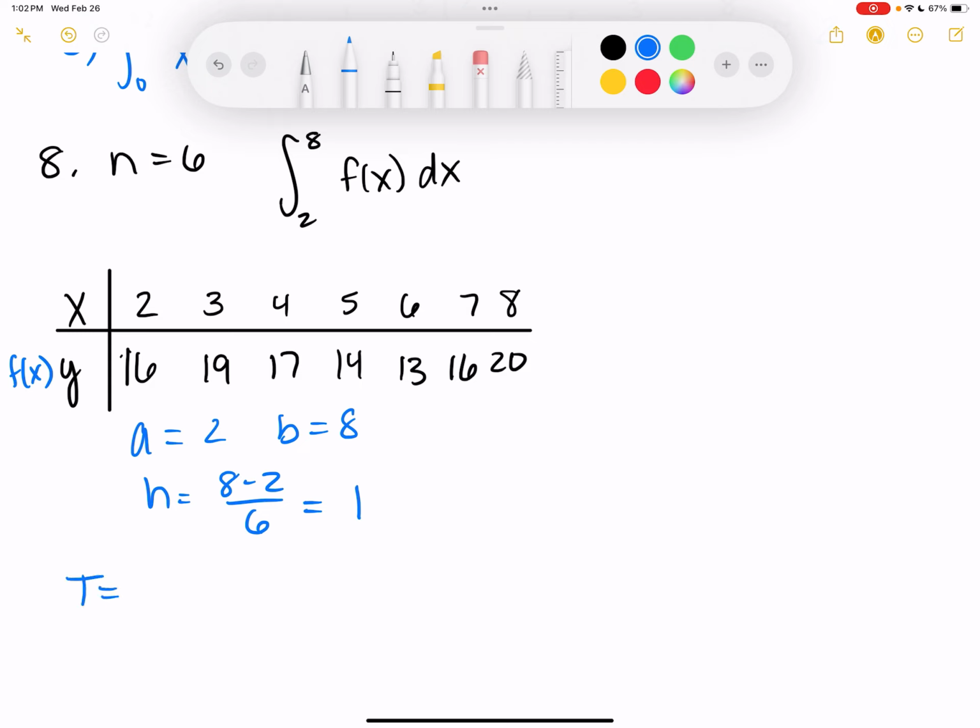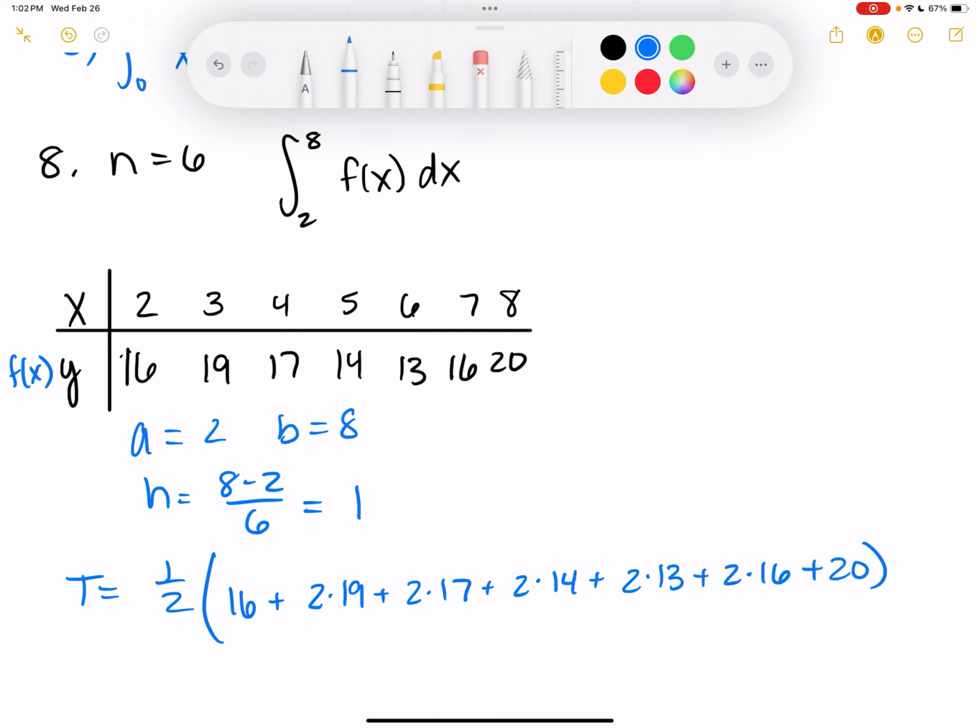this is just h is 1, so it's just 1/2 times 16 plus 2 times 19 plus 2 times 17 plus 2 times 14 plus 2 times 13 plus 2 times 16 plus 20. I'm just going to put in the numbers instead of dots, I think I'd mix up where everything's supposed to go.